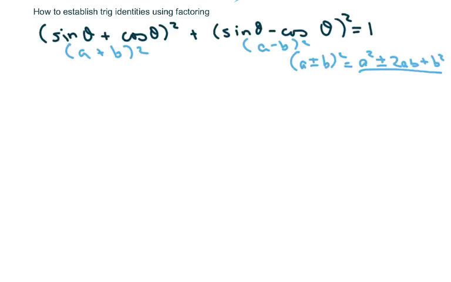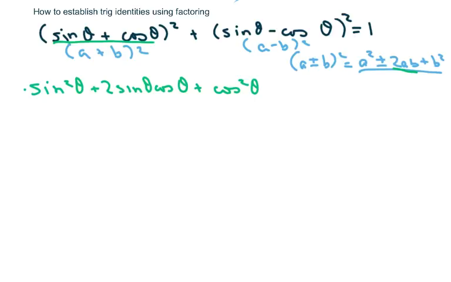So for this one, that's going to be sine squared, because that's my a, plus 2 sine theta cosine theta, I'm using the 2ab part, plus cosine squared theta, which is my b. Then I'm going to do the same thing for that, but we have a minus.